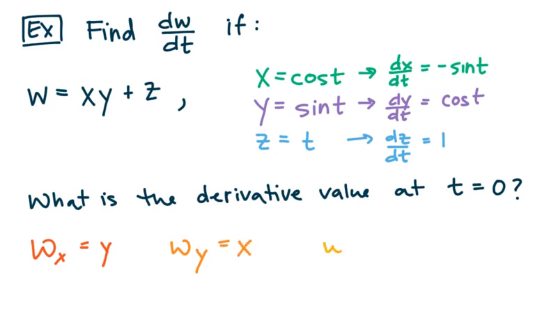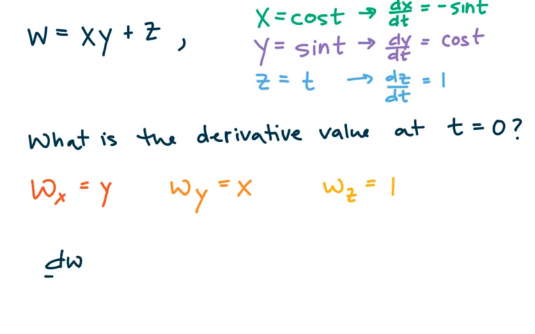And lastly, the partial of w with respect to z means these are constants, so that's 0, and then the derivative of the variable z will be 1.